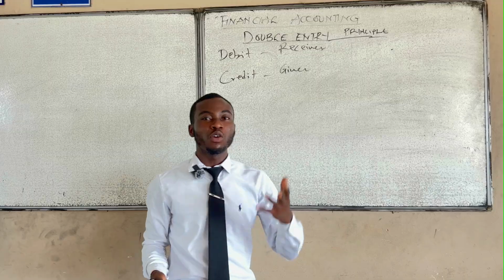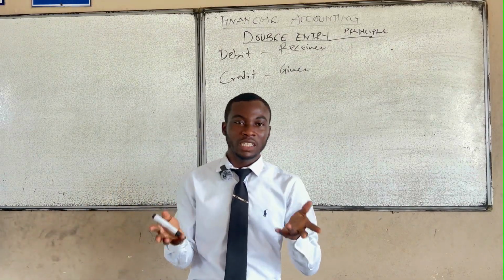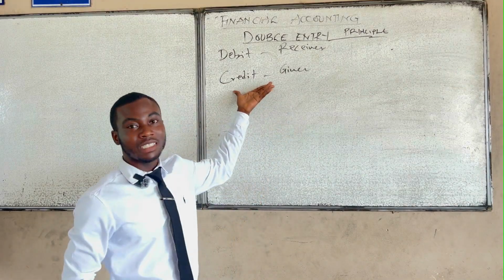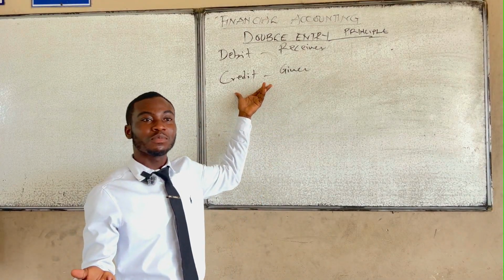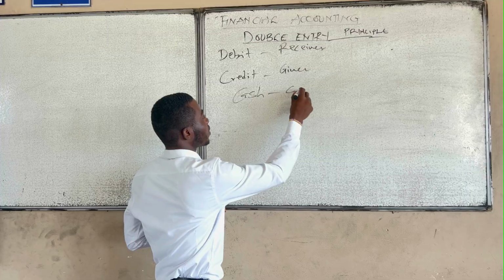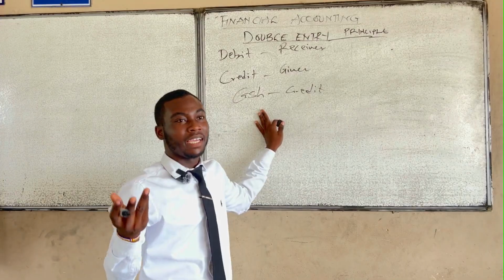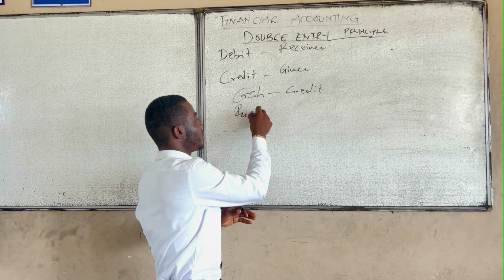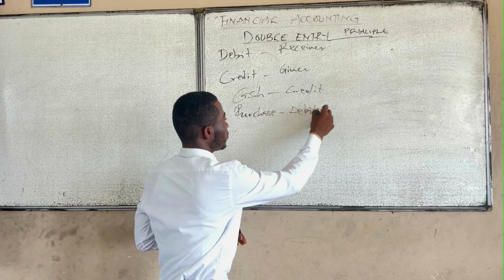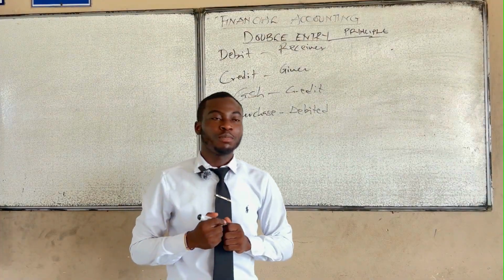So let's assume I go to the market to purchase a bag and I use cash to purchase the bag. Since cash is given, you credit the cash, and then you debit the purchase because we are buying. So our purchase is going to be debited. This is a principle you have to keep in mind when you look at the double entry principle.